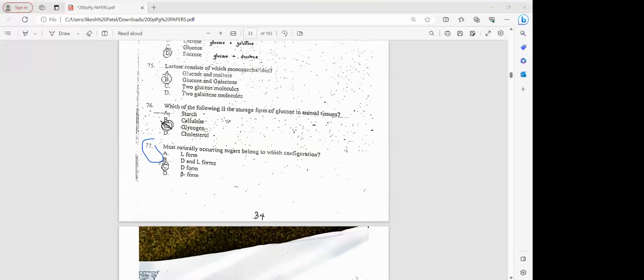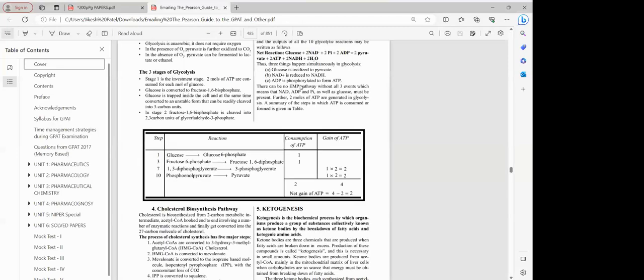In D form, they're very rare. I may be wrong. From Betty's notes, it says D is the most common. Yeah, because even glucose is the D form. Or it was amino acids.